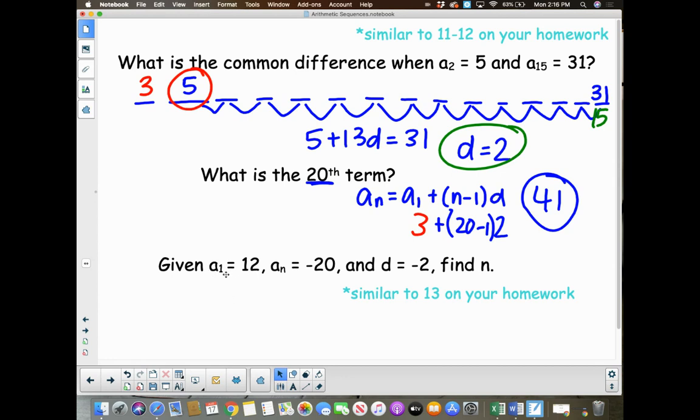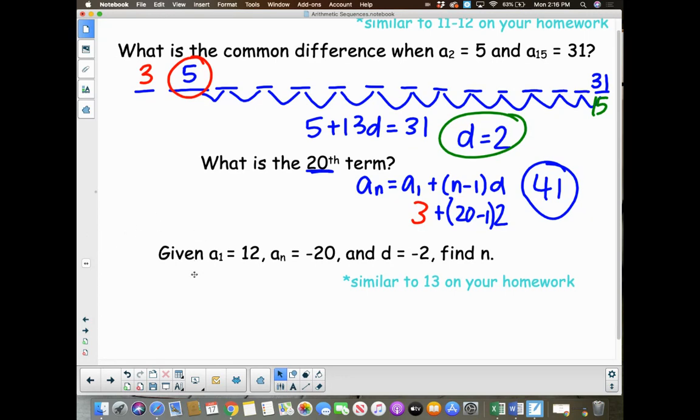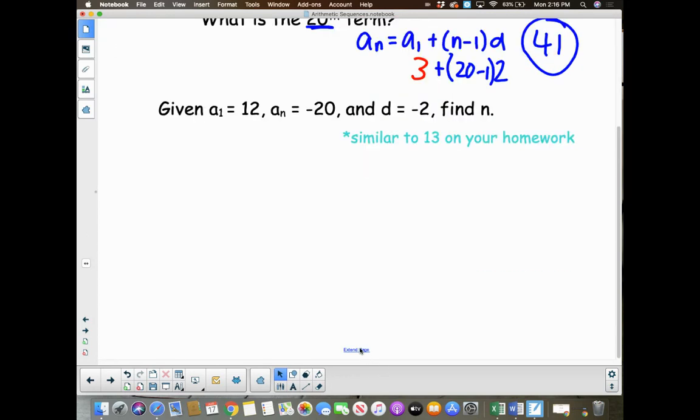Same thing here. I can give you a bunch of different ways to ask these questions. This one, they give you the first term, the common difference, and then a sub n. So if I set this up, let me extend my page. My first term is 12. Don't know what n is, but I do know my common difference.